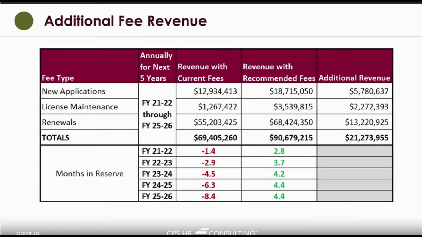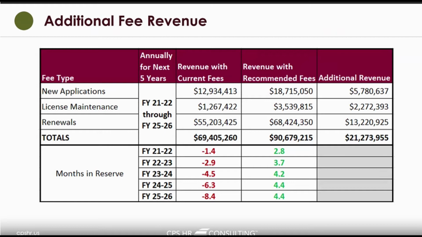Okay, so this is a high-level look at the total revenue currently received by each of these 3 categories, as well as the additional revenue projected, assuming the recommended fees are instituted. So on the left column there, we break it down by new applications, license maintenance, renewals. You look at, and this is an annualized figure here, revenue with current fees. So currently for new applications, the board's collecting $12.9 million.